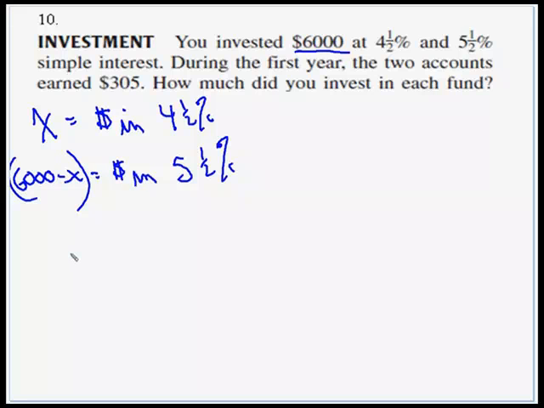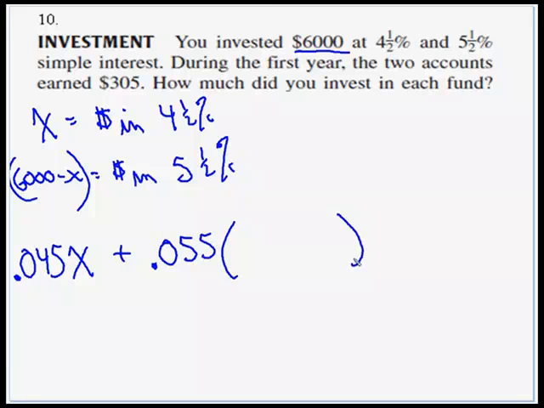So let's start working on our equation here. X is the amount of dollars in the 4.5% account, and 4.5% as a decimal is 0.045. 0.045x plus, we have our 5.5% account, 0.055, and that is multiplied by the amount in there, $6,000 minus X. And we set that equal to, and here they didn't tell us we earned 5% or whatever it was for the total amount.